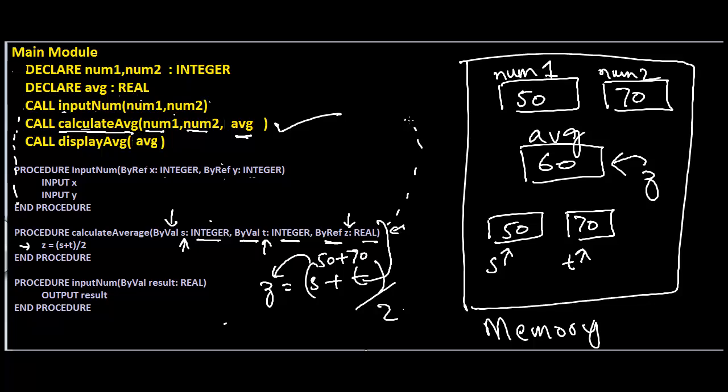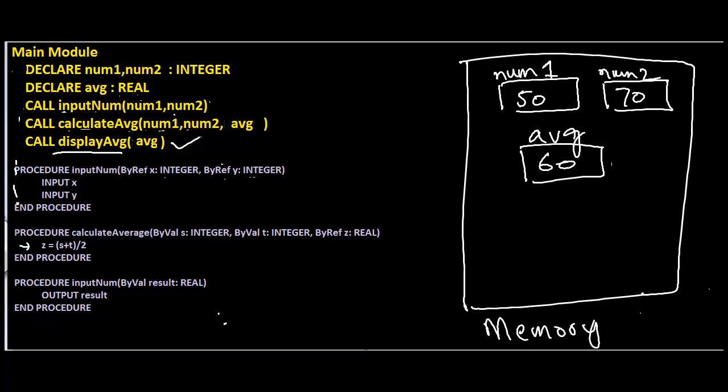Now that this procedure has executed, the control is transferred back to the main module, and the next procedure that is being called is the display average procedure. So this is where the control is going to get transferred to now. And this procedure is expecting a single parameter, which should be of real data type, and it's being passed by value.